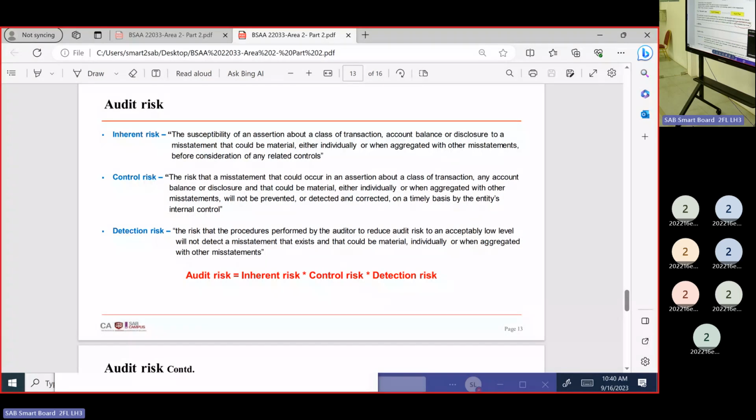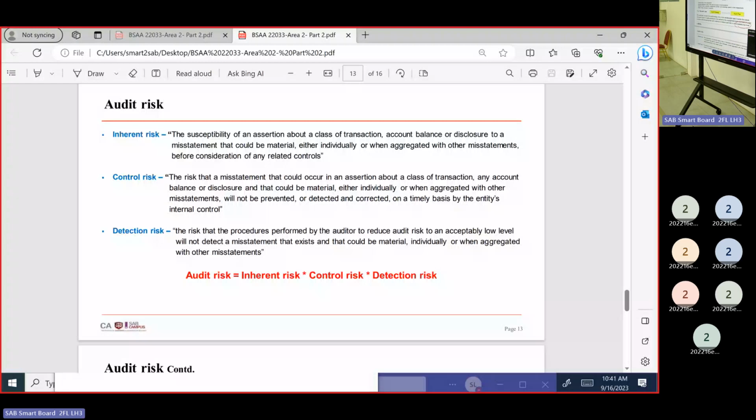What is magnitude? If that risk happens, what's the impact on the financial statement? And likelihood of occurrence, so the frequency it can happen. Is that possible to happen? A high possibility. If it happens, the magnitude of impact on the financial statement may be in the millions.